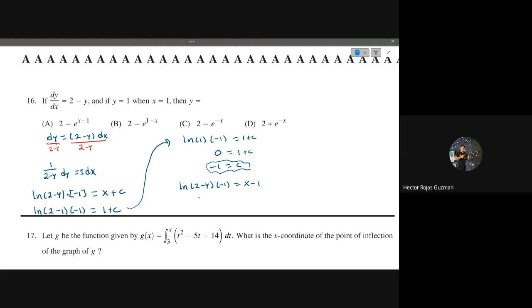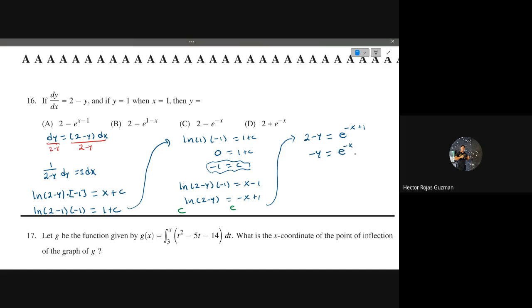First, multiply by a negative. Then we're going to use e. That's going to be 2 minus y equals e to the negative x plus 1. You can subtract 2, e to the negative x.